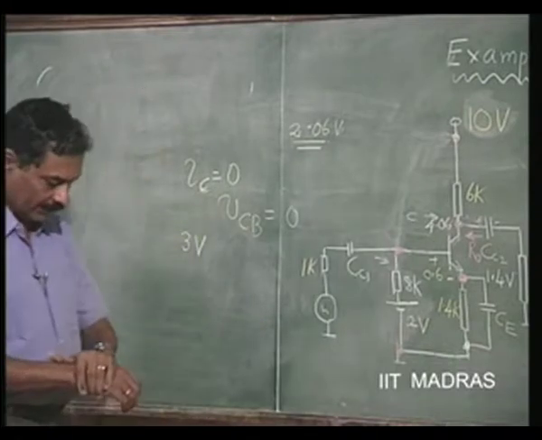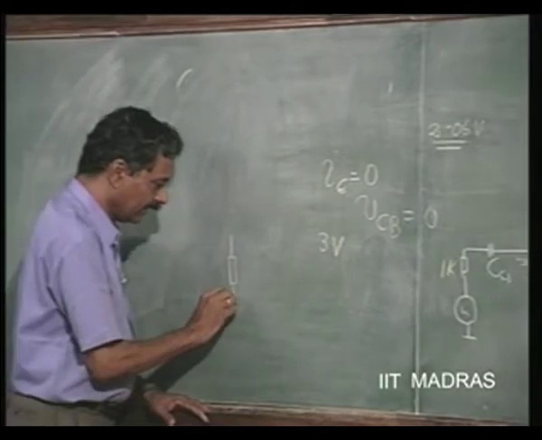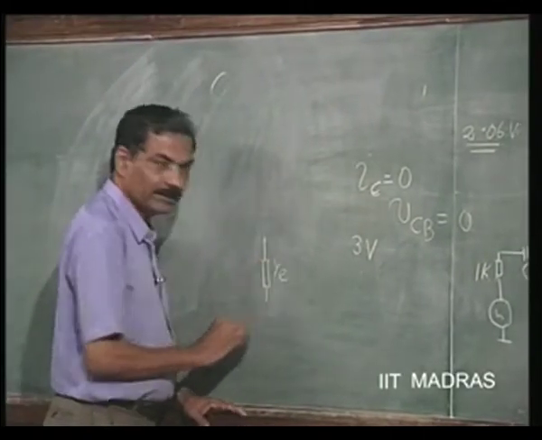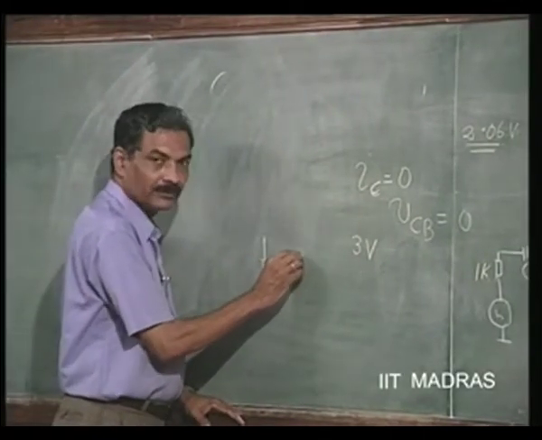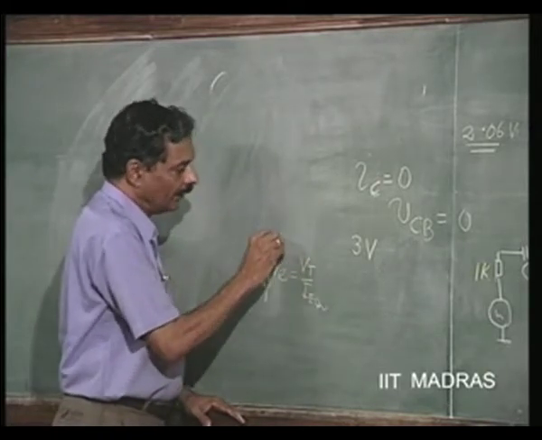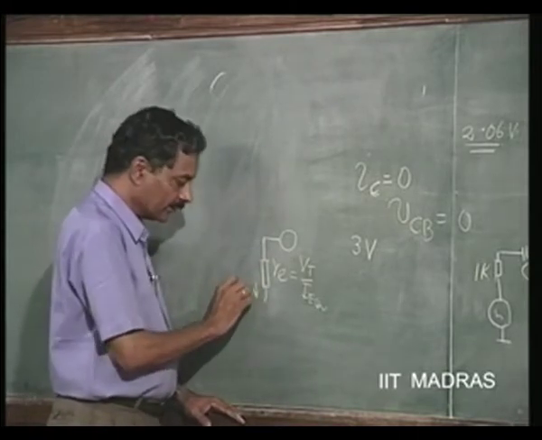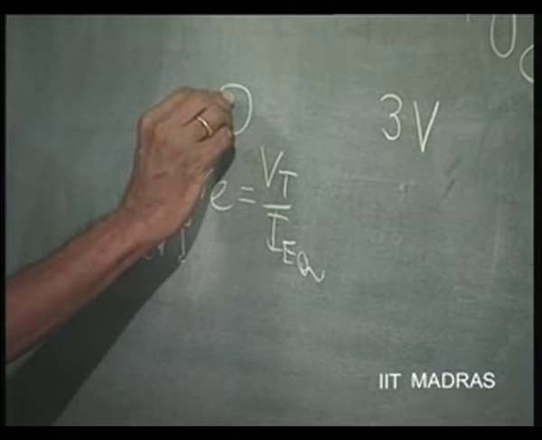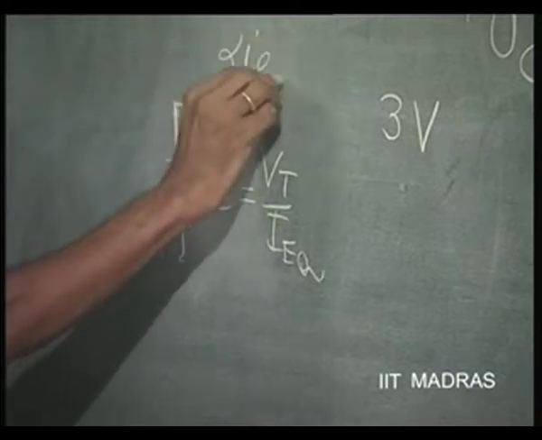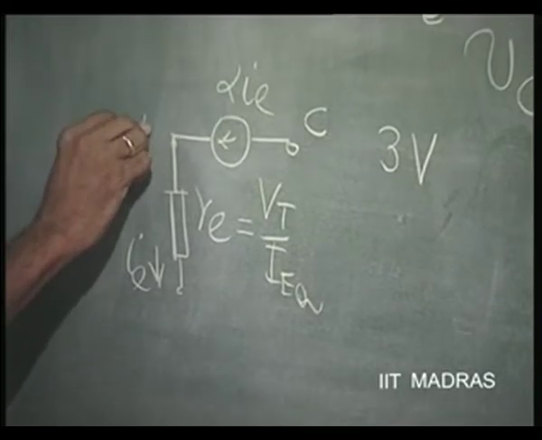So, the equivalent circuit of the transistor is very simple, RE which is equal to VT by IEQ, and a current source. Please always put down this dependent current source IE. If it is, this is alpha times IE. This is the simplest equivalent circuit we have used so far.